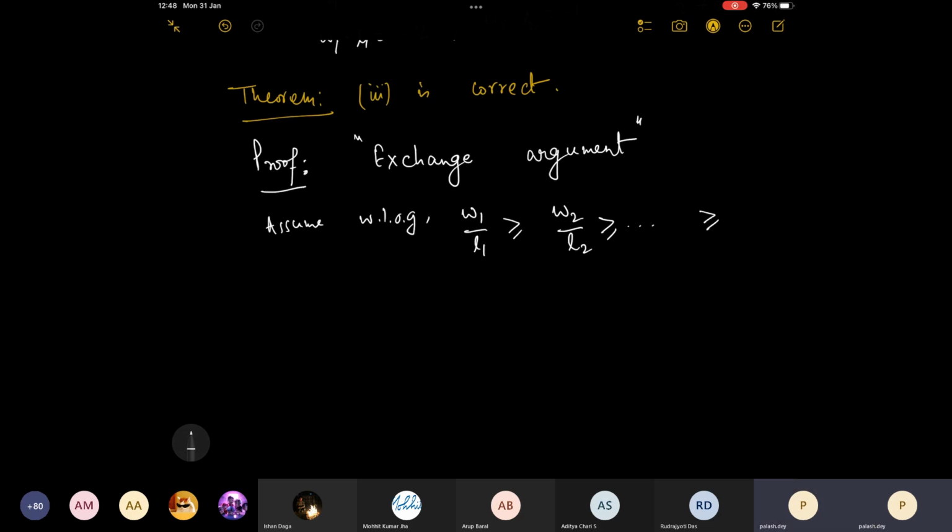Why is this an assumption without loss of generality? Because I can rename the jobs. Whichever job has the highest W1 by L1, let's call that job the first one. The problem does not change if you rename the jobs.